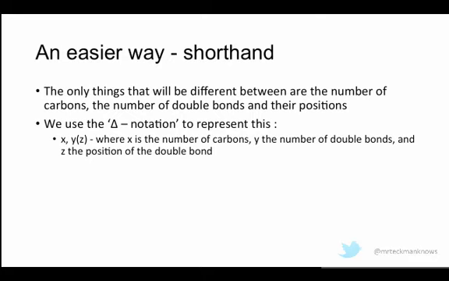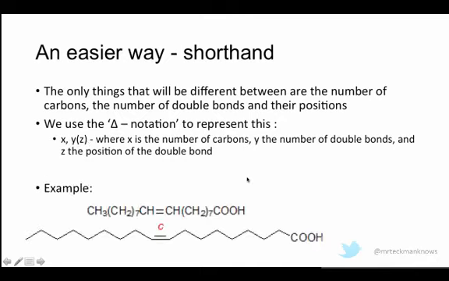And I've quite complicatedly represented it here as X, Y, brackets Z. Where X is our number of carbons, Y the number of double bonds, and Z the position of the double bond. So for the same fatty acid, remember we have 18 carbons, 1 double bond, and it's in the 9th position. It would look like this: 18, 1, brackets 9. Trouble with this is it doesn't tell us whether the bond is cis or trans.